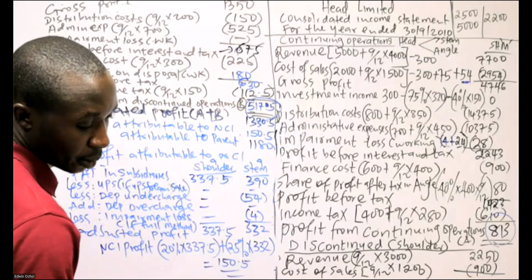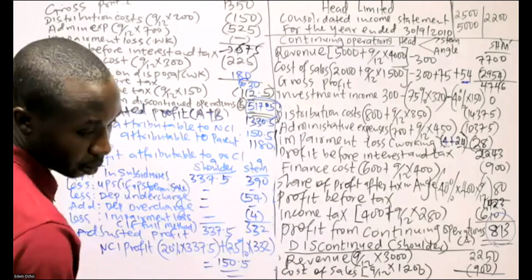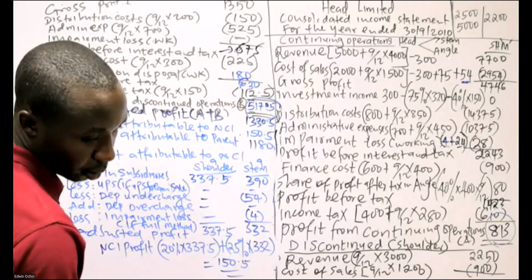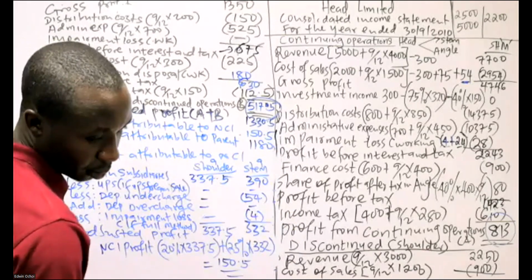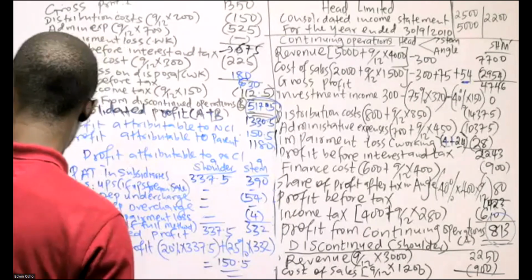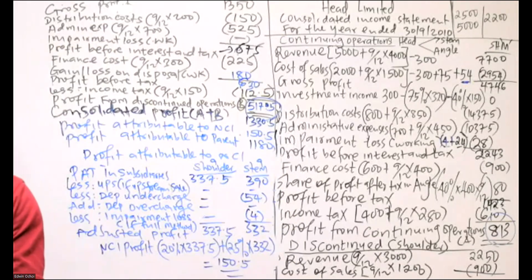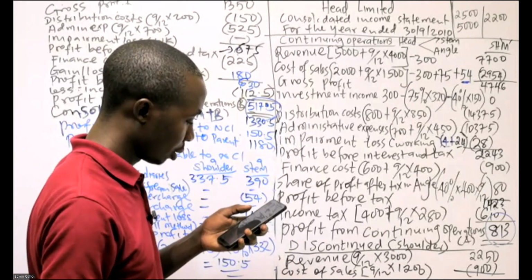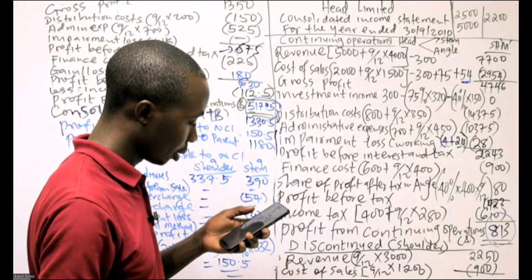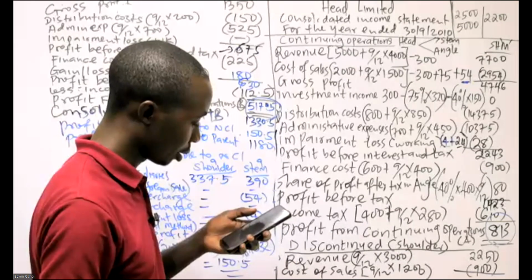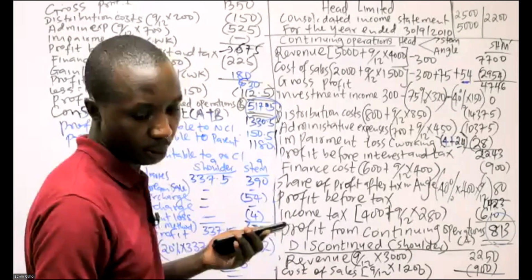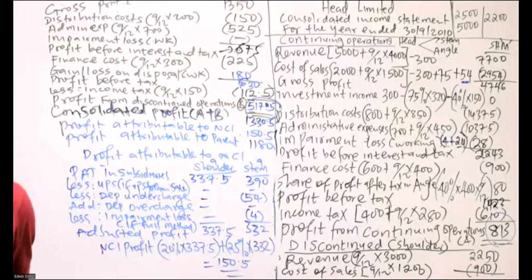So the last requirement is the statement of changes in equity. Just 3 minutes, we are done. We have taken long. So the last requirement, because they needed a group income statement and a statement of changes in equity. 2 marks. So let's do that.